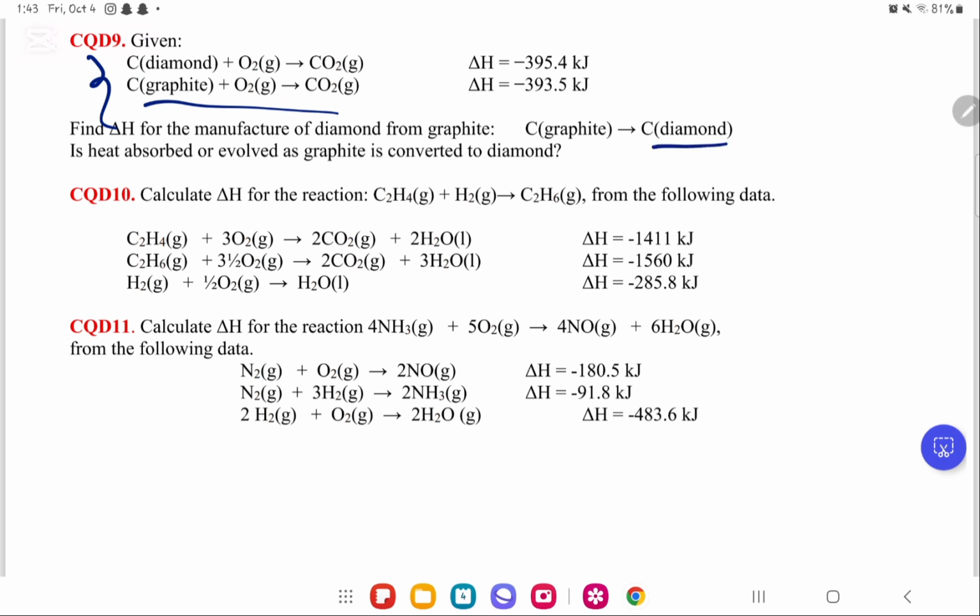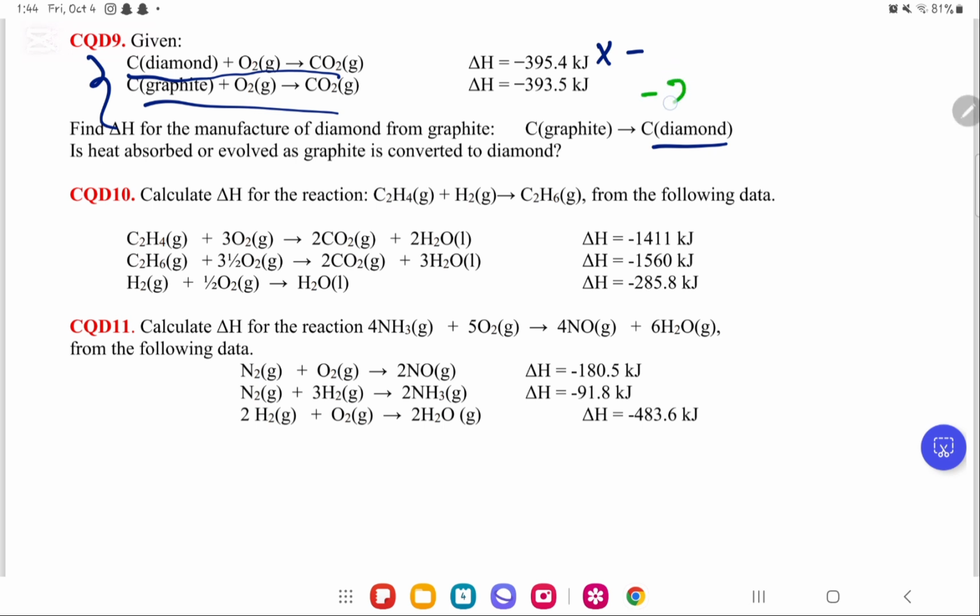Then, for C diamond, which equation has C diamond? The first one, but we need it in the products, it's in the reactant, so we're gonna reverse the reaction by multiplying by negative. Now, 1 mole of C diamond and 1 mole of C diamond, so we're not gonna change anything. So for the delta H, we're gonna add them with their changes.